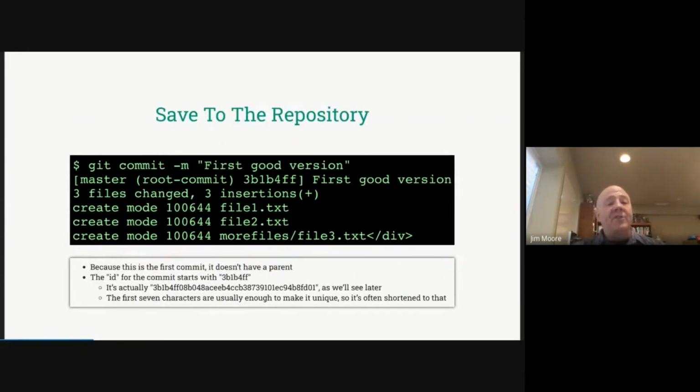Now we're going to actually put it into the repository. With that, we're going to go git commit, and we're going to give it a message, first good version. And it lists, okay, we are on the master branch. This is the root commit, so it has no parent. That is the hash for the commit. We'll talk more about that in a moment. There's the message that we did.